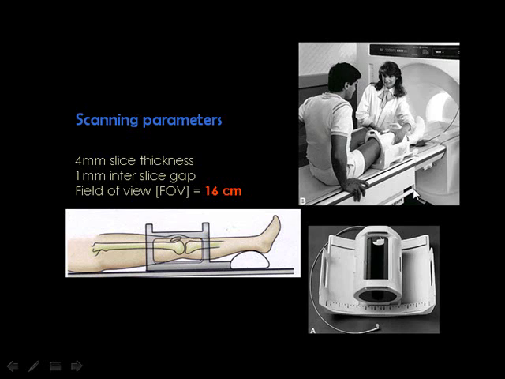This is how we apply the surface coil. It can be opened, then you put the knee, then you close the coil, and you put some fixators beside the knee. The coil is connected to the main machine by this wire, so that you can produce the images and collect them on the film.